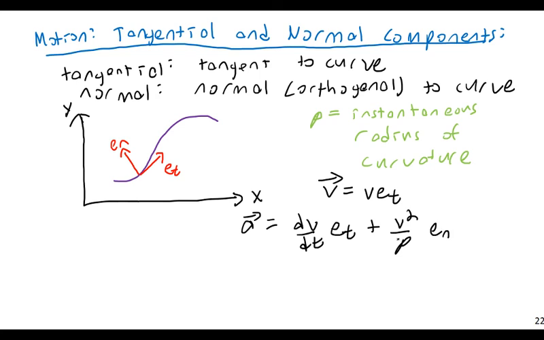Look at this closely. Acceleration is made up of the rate of change of velocity along the tangential direction with respect to time, plus v squared over rho, basically the centripetal acceleration. This can be thought of as the tangential and the centripetal acceleration. The vector is the sum of the two.